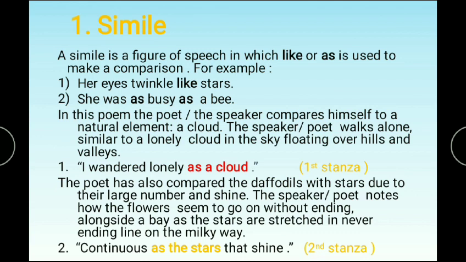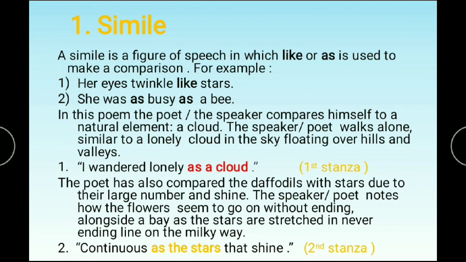Because the poet says that as he was alone, similarly the cloud is also alone in the sky, and that cloud floats over hills and valleys. As the poet was also moving from one place to another, in the same way the cloud also moves from one place to another. And where does a cloud move? The cloud moves over high vales and hills.